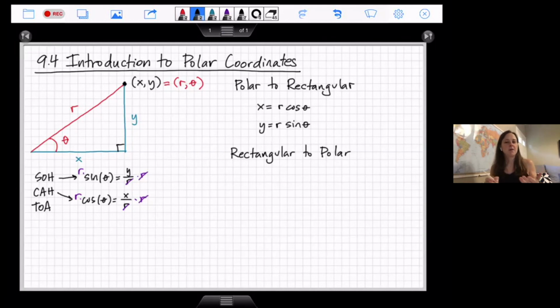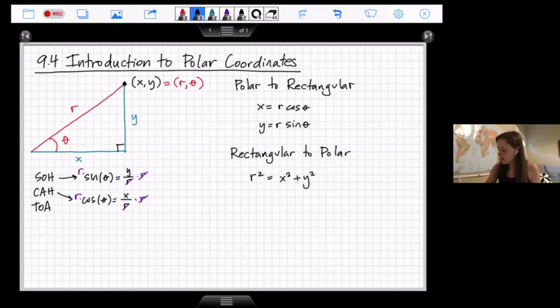So if you just look at our right triangle there, x squared plus y squared is going to be equal to r squared. That's a squared plus b squared equals c squared. I'm going to write this with the r first. R squared, our hypotenuse, equals x squared plus y squared. So if we know x and y, we can use that formula to figure out r.